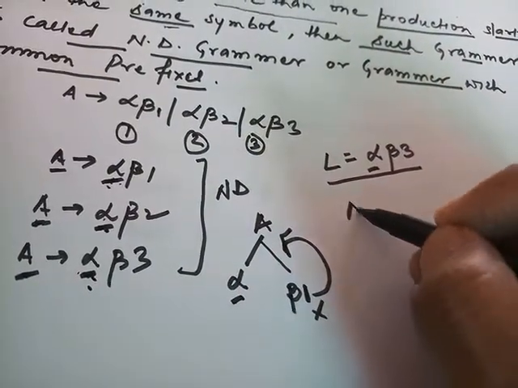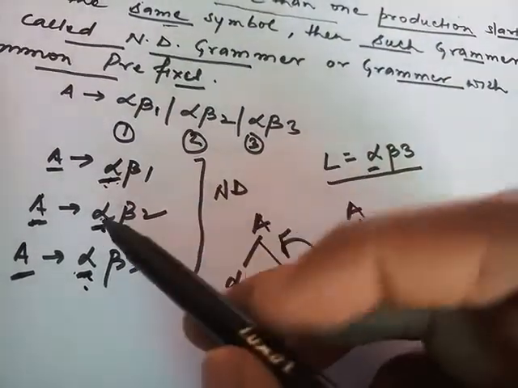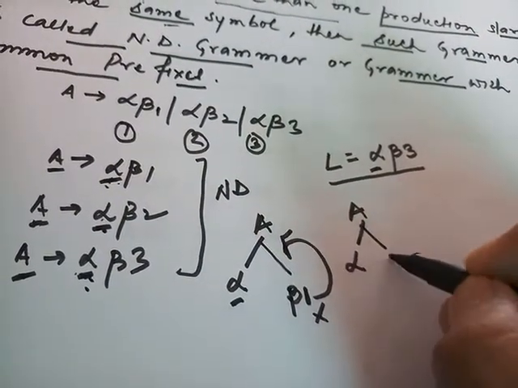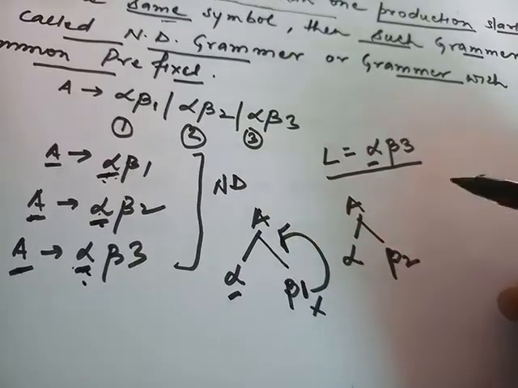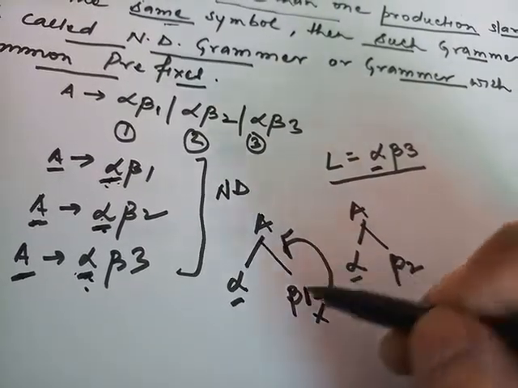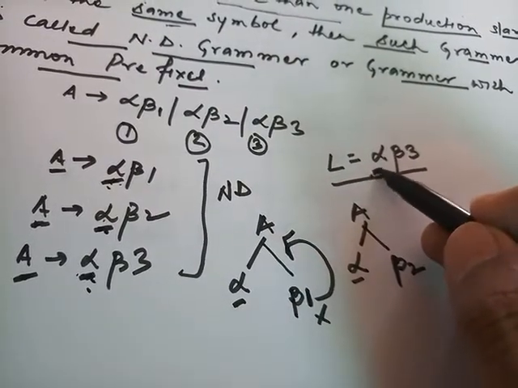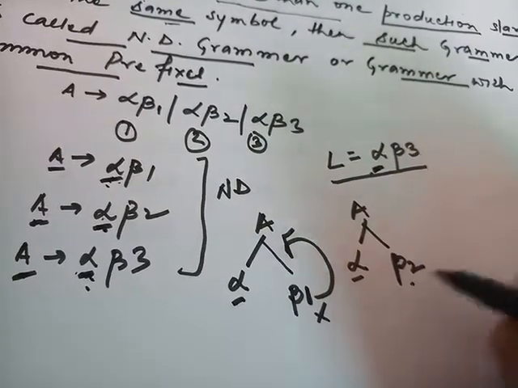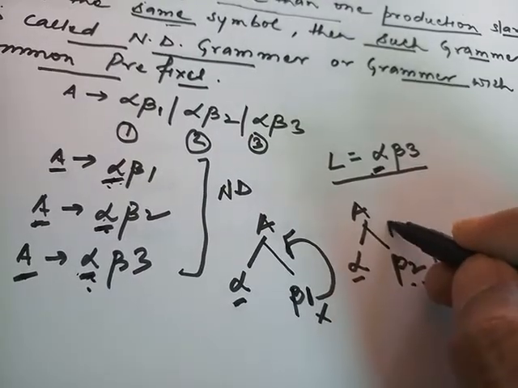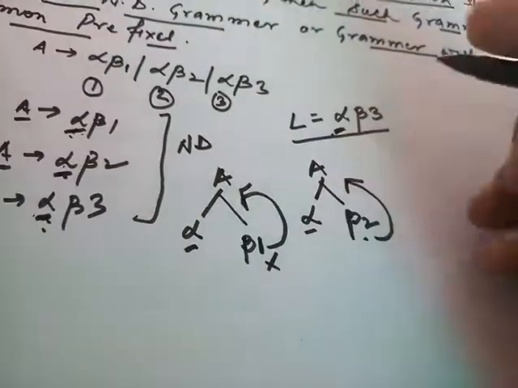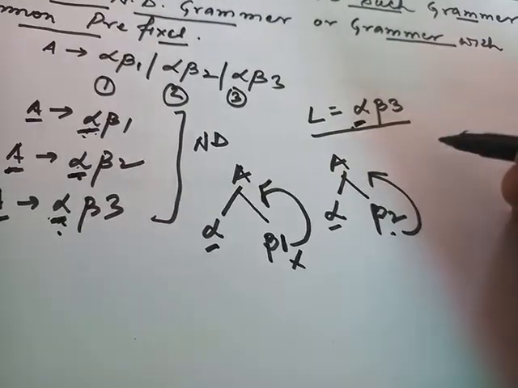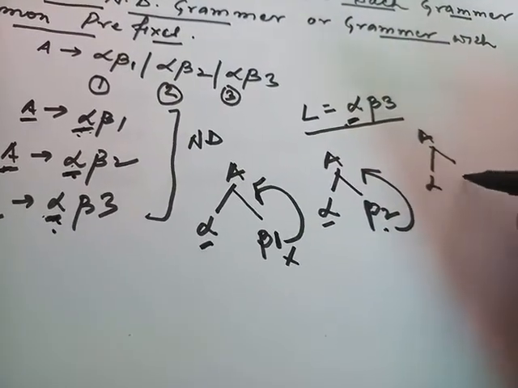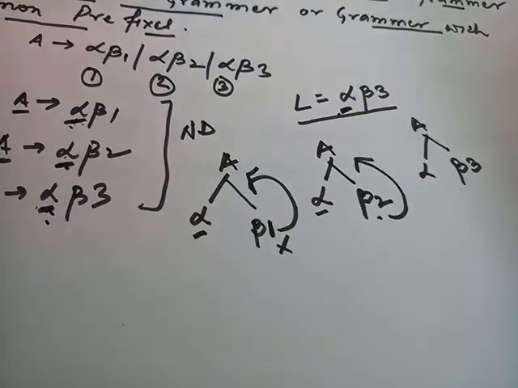I will come to the second case. For A, I will use the second production. It says alpha and then beta 2. Again alpha is okay according to my desired language, but we got beta 2 this time. So again we have to backtrack, come to our first root, and then choose production number 3, which says alpha beta 3.